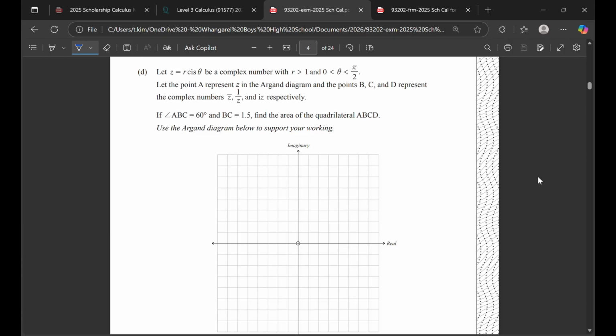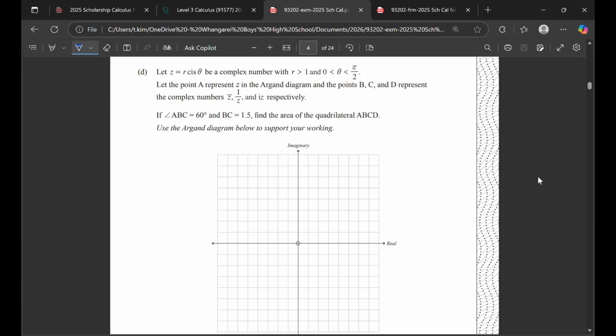Let's try this. Let z equals r cis theta be a complex number with r greater than 1 and theta between 0 and pi over 2. Let the point A represent z in the Argand diagram and the points B, C, and D represent the complex numbers z bar, 1 over z, and iz respectively.